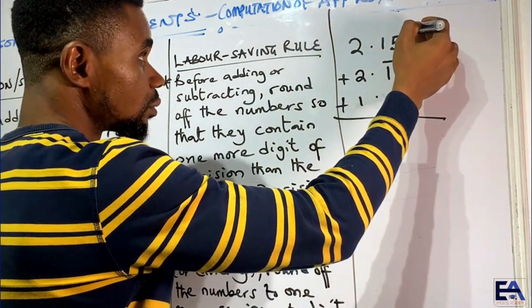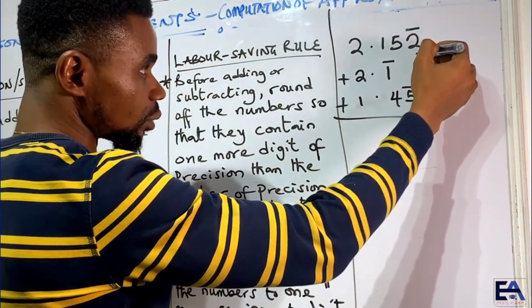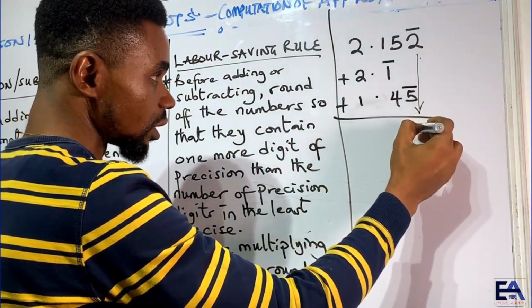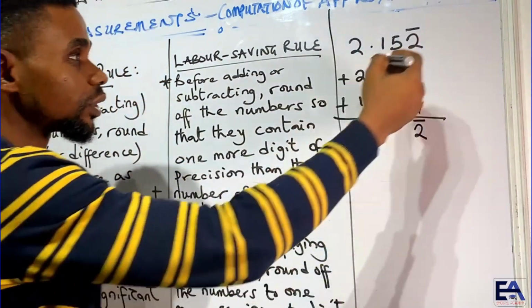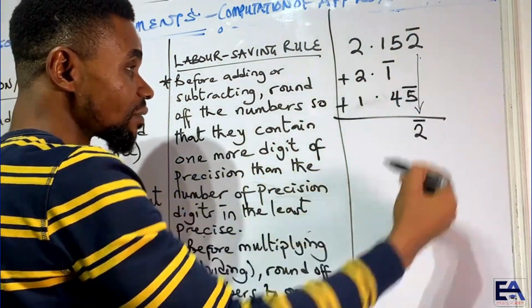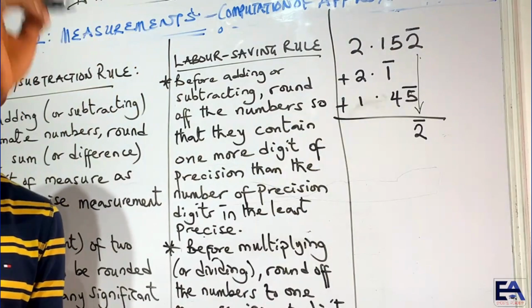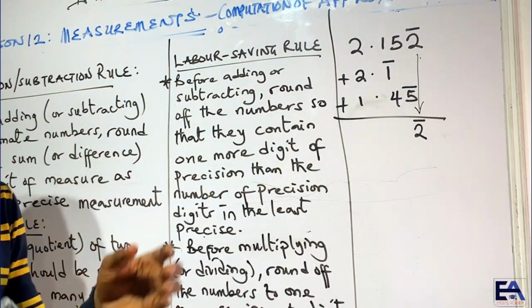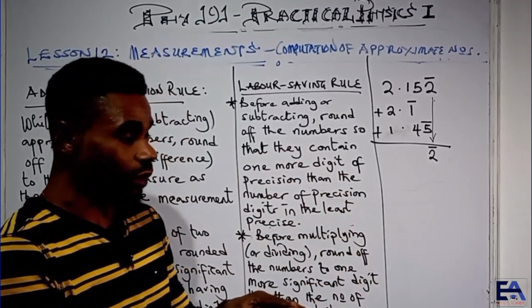So this is 152, this is 1, this is 45, so this one just goes straight down as 2. It has the bar on top of it. This is a normal 5, but this is a 5 that has a bar. I put a bar on top of the approximate digits, those last digits, because they are usually the error digit or the rounded-off digit. You get what I'm trying to say?